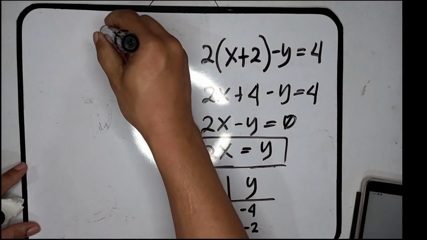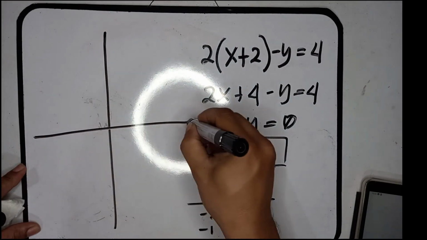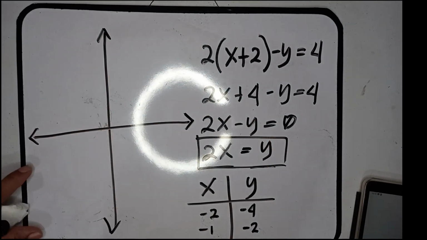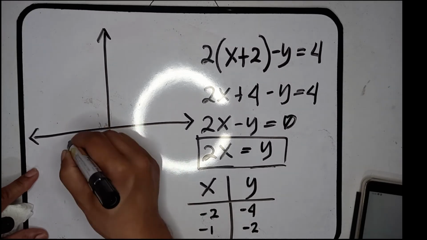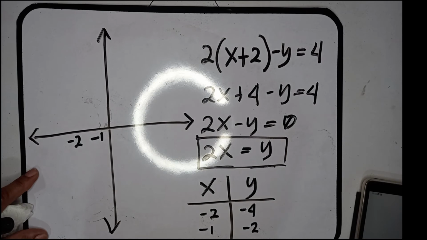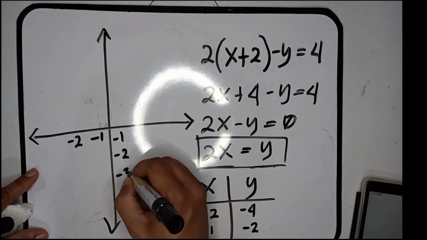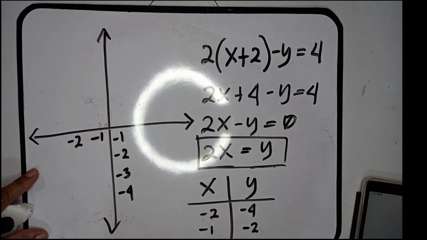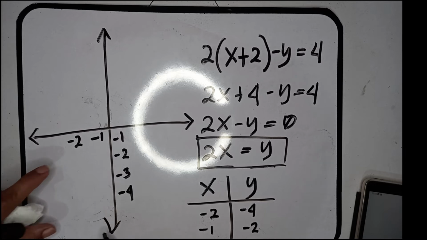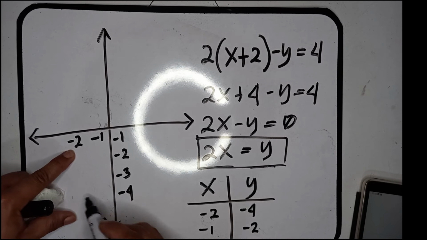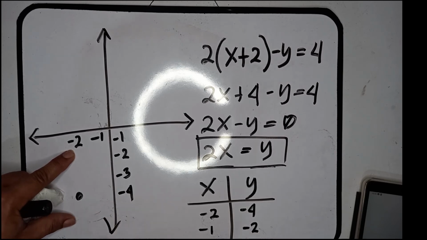So let's now graph our line. For x, we need to have negative numbers, -1, -2. For our y, we need to have also negative numbers. Okay, there you go. The first pair is -2 for x, so we have -2 here, and then -4 for y. So the first point goes around here.